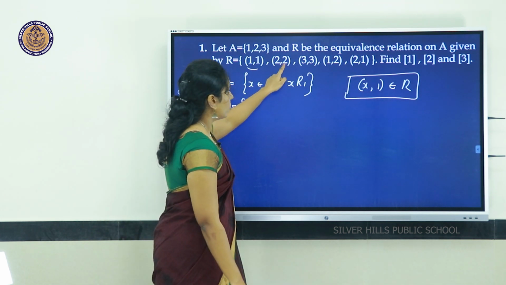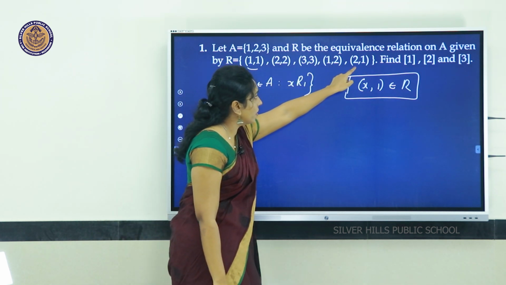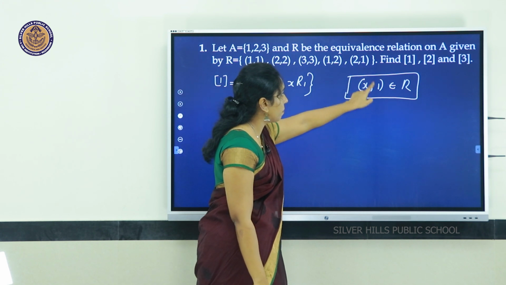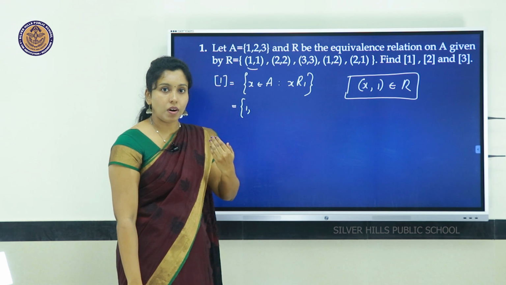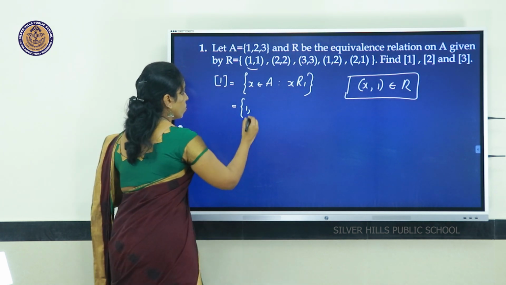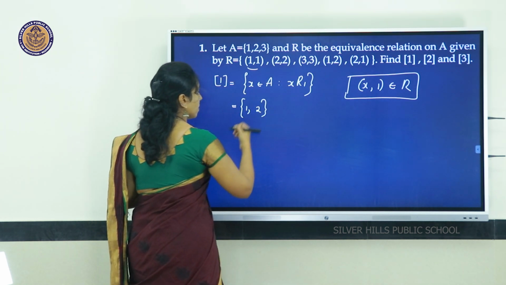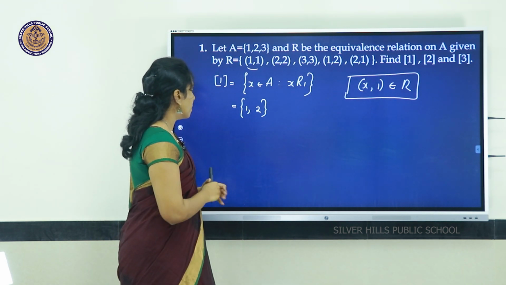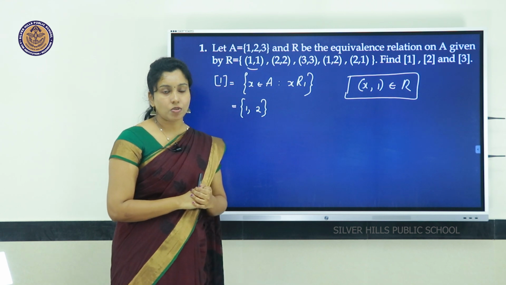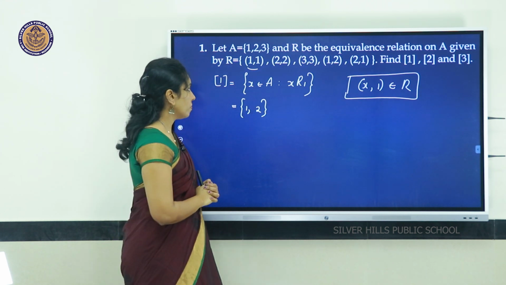Now, (2,2), no, (1,2). See here, in the pair (2,1), 1 occupies the second place, and what is the x that is just before 1? It is 2. So, I got the next member. Okay. So, there are 2 members in equivalence class [1], that is the set {1, 2}.